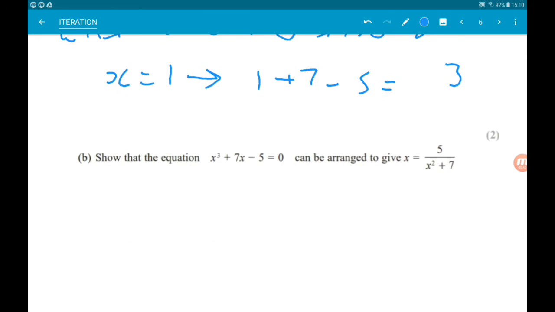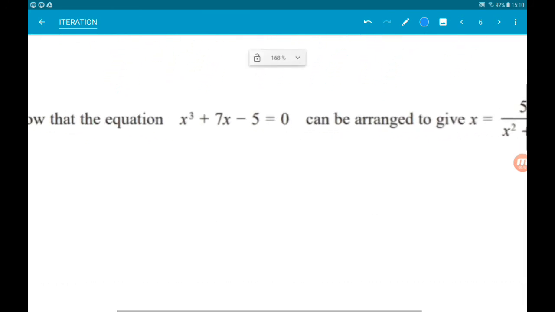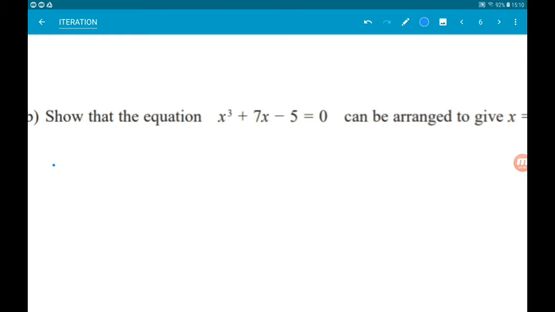Okay, so we want 5 on top of this fraction, so a good first move would be to add 5.